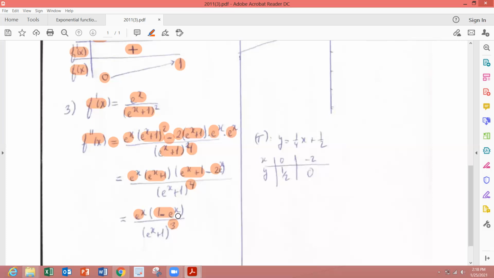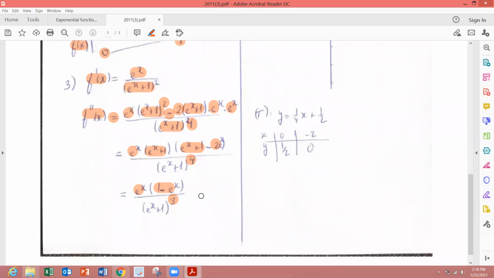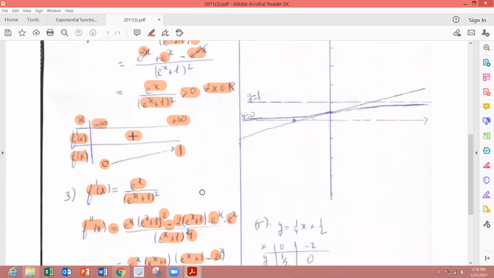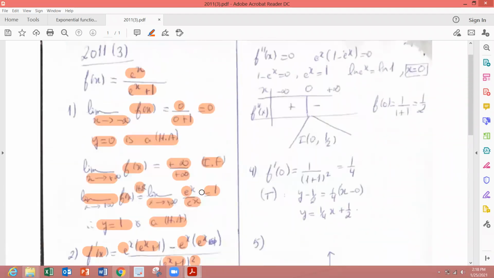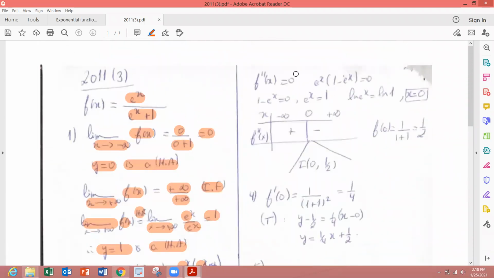Now, how to determine the point of inflection? We set this equal to 0. So f double prime x equal to 0 means e^x into 1 minus e^x equals 0.